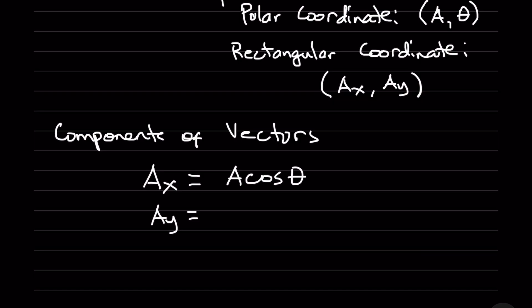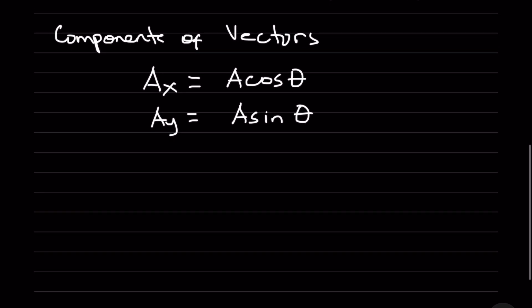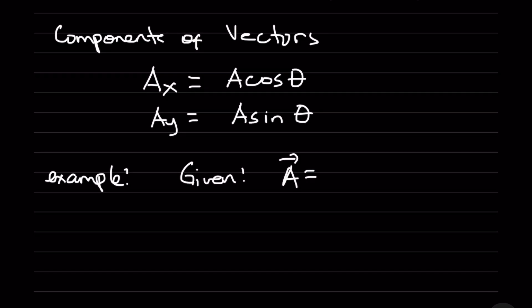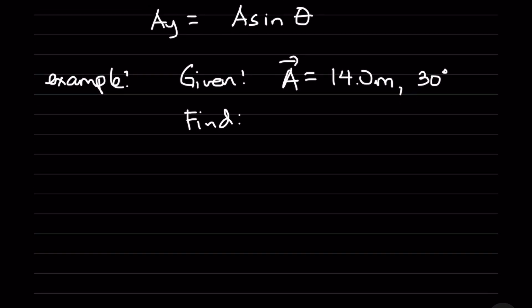The x component of vector a is equal to a cosine theta, while the y component is a sine theta. Recall the different ratios that you can write in a right triangle using sine, cosine, and tangent.